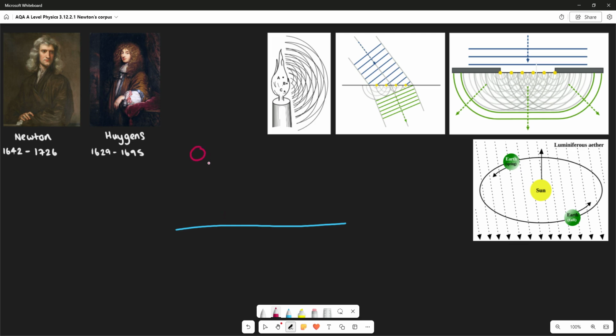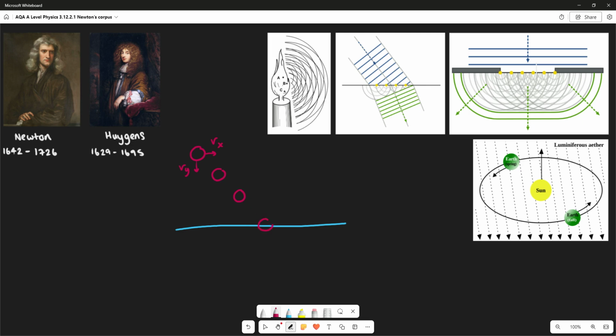So if we examine one corpuscle and we see that it is travelling with this velocity here, what we can do is we can resolve that into a horizontal and a vertical component. So let's draw those on now. There is the horizontal component, and here is the vertical component. So we have a resultant in this direction, and the corpuscles move towards the interface between the two materials.